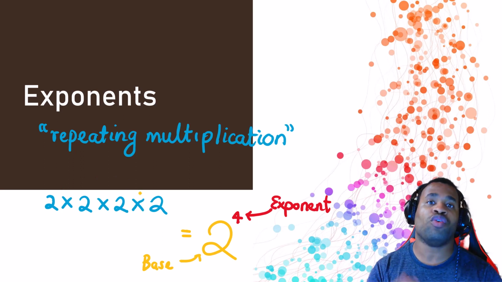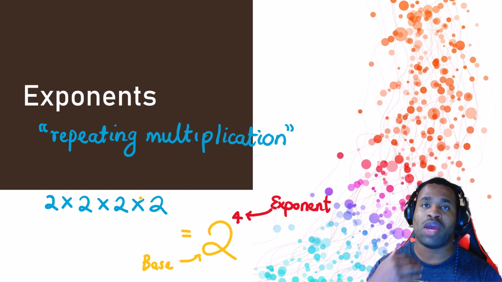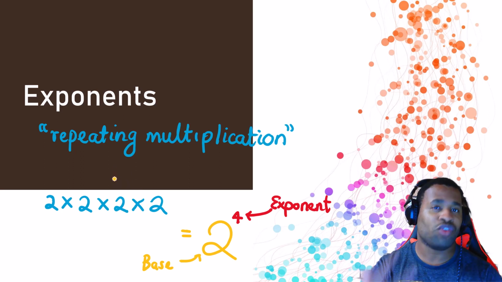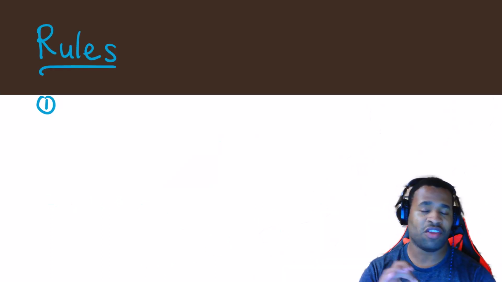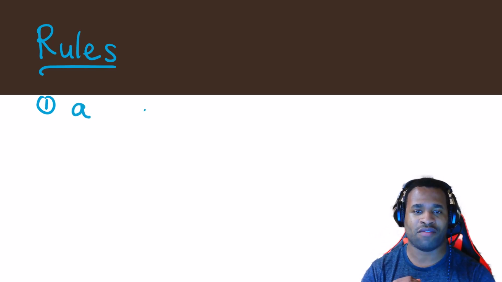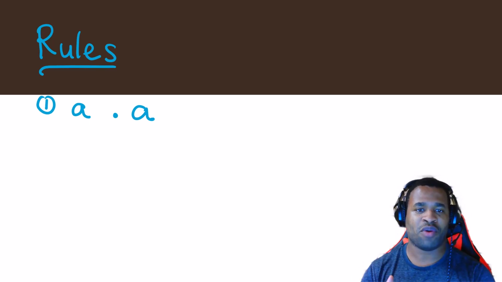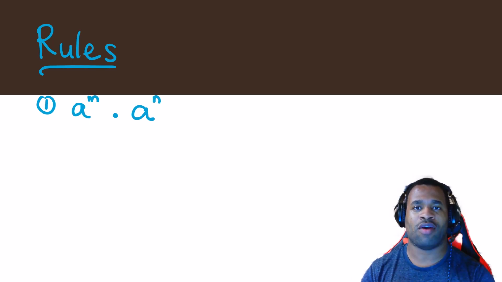Now we can use letters, and using letters will enable us to show the rule, and from the rules we're going to apply those to numbers. Looking at the first rule, we're going to look at a scenario where you have the base to be the same. In this case we have two bases multiplied together, and each base has exponents that are either different or the same, represented as variable m and the other n.